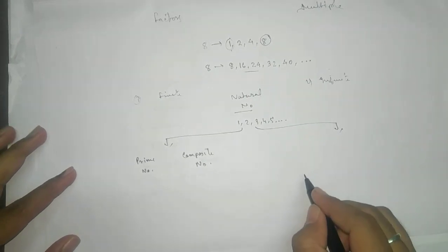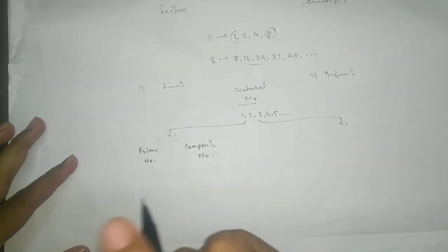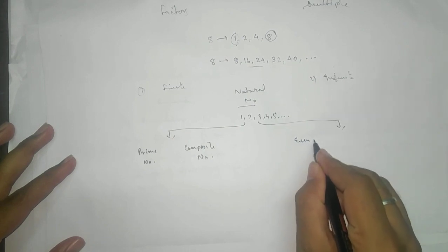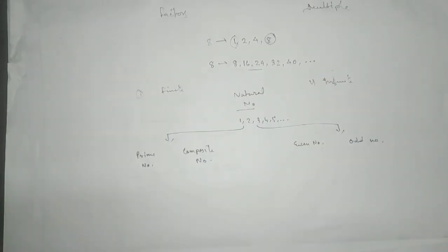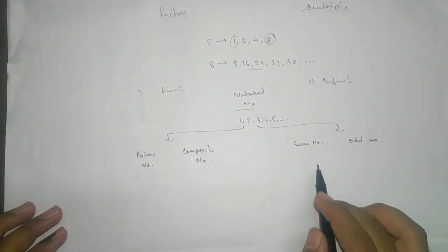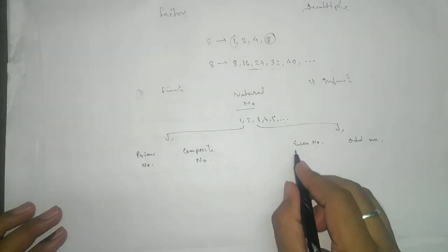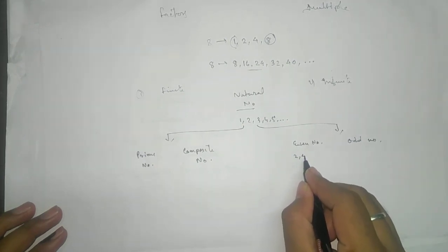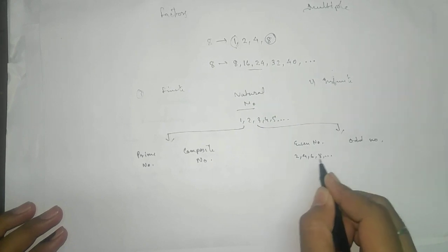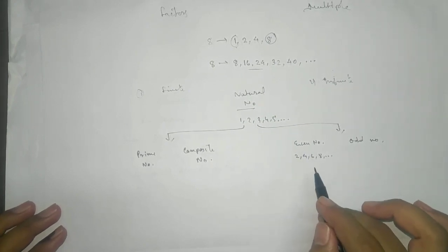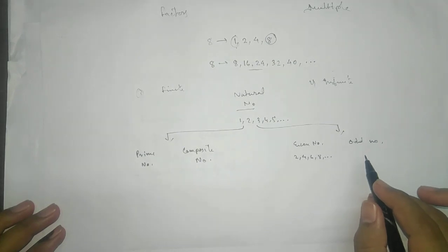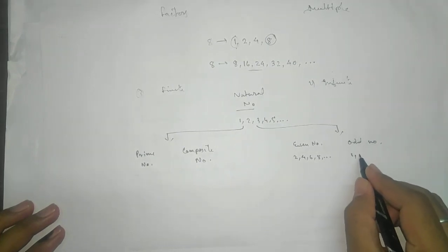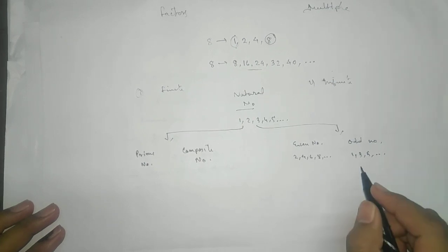According to multiples, natural numbers divide into two categories: even numbers and odd numbers. Odd and even is very simple. Multiples of 2, that is 2, 4, 6, 8 and so on, are even numbers. The numbers which are not multiples of 2 are odd numbers, like 1, 3, 5, and so on.